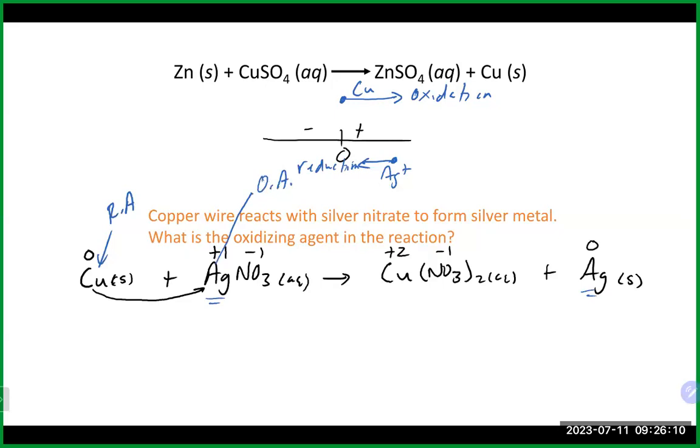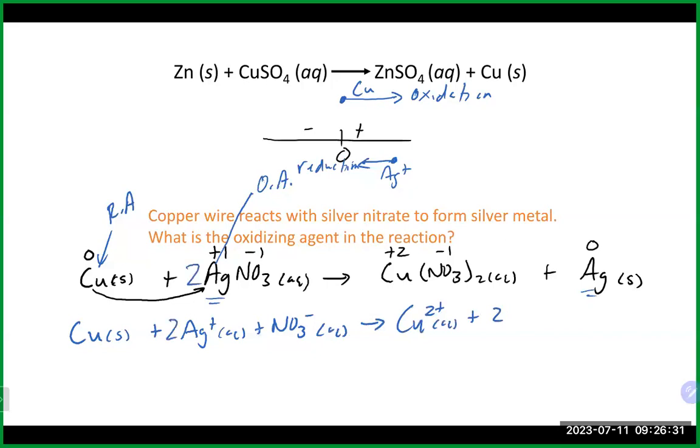If we were to write our equation here, our total ionic equation would look something like this. Guess I should balance it. That would also be a good idea, probably. There we go. And a 2 there.